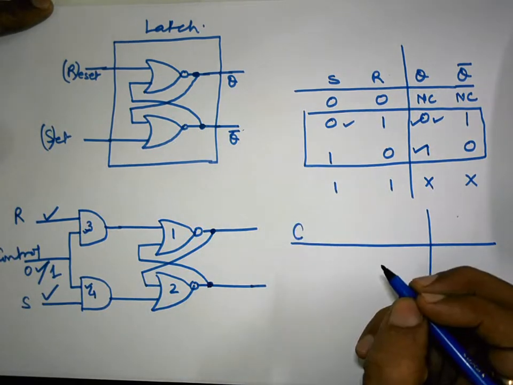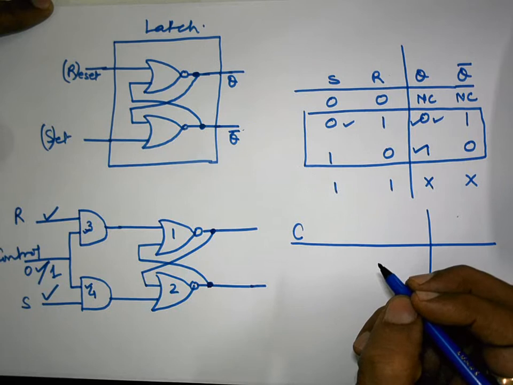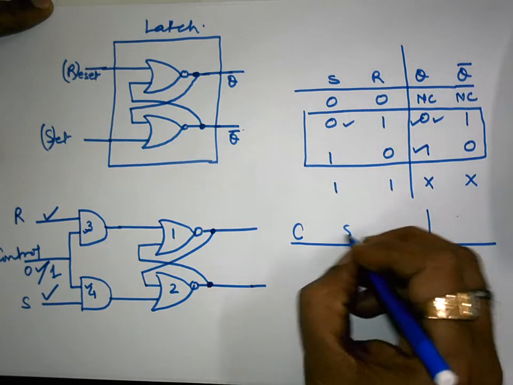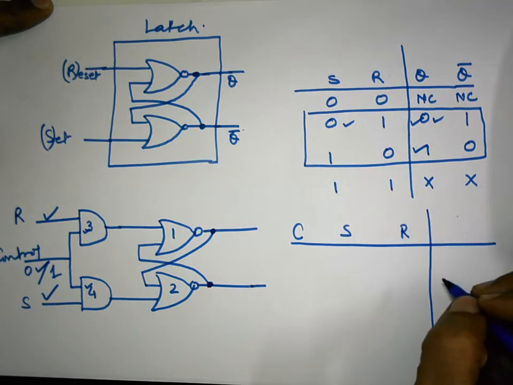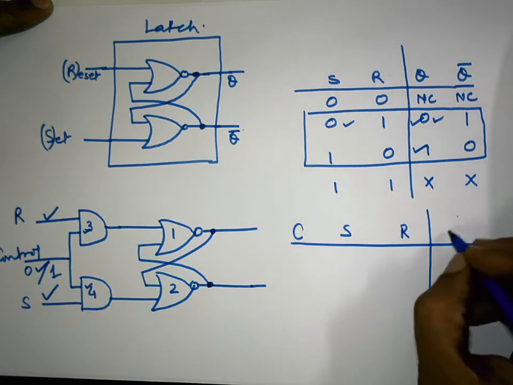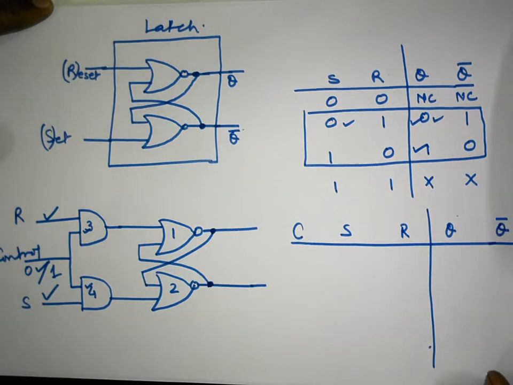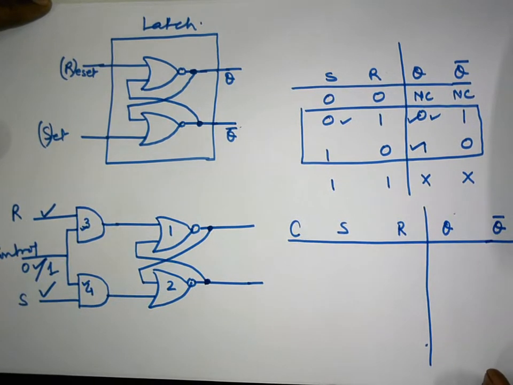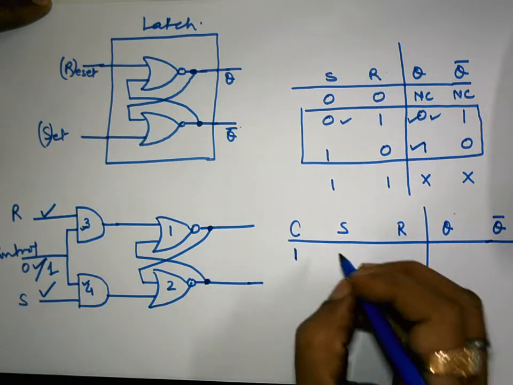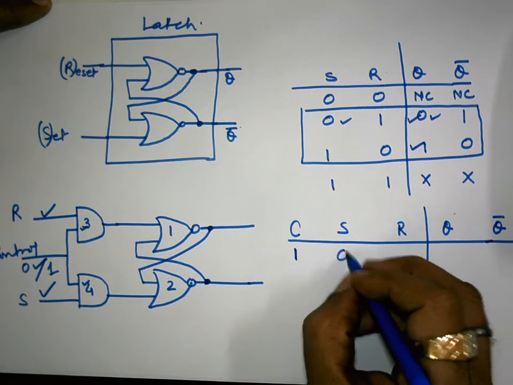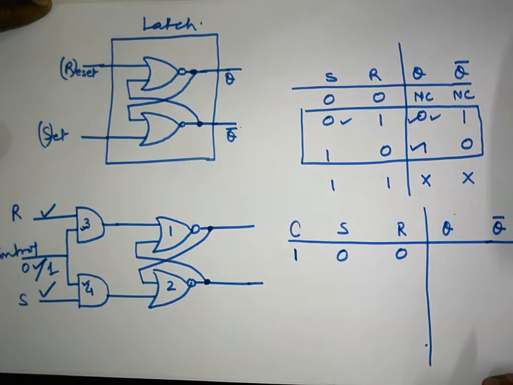Suppose I call this control C, and this input S and this input R. And the outputs are the same, Q and Q bar. Suppose this control is 1 and S and R are 0 0.